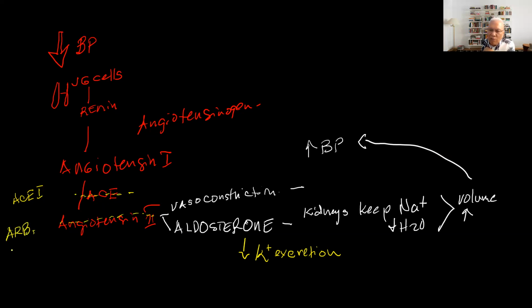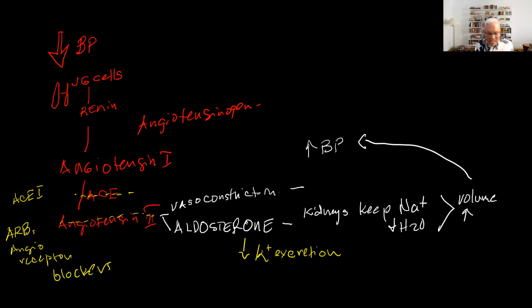It stands for angiotensin receptor blockers. So by looking at this particular sketch and map, you now understand how these ACE inhibitors and angiotensin 2 receptor blockers are going to help blood pressure or hypertension.